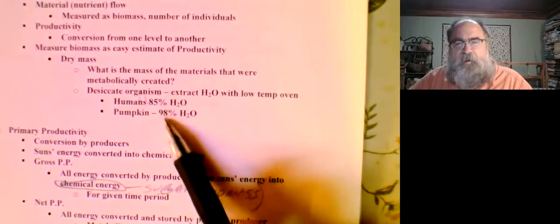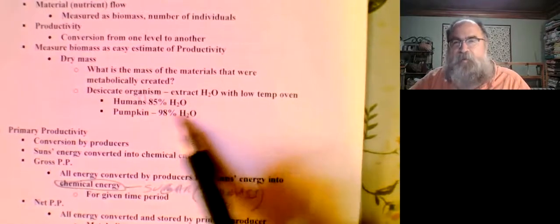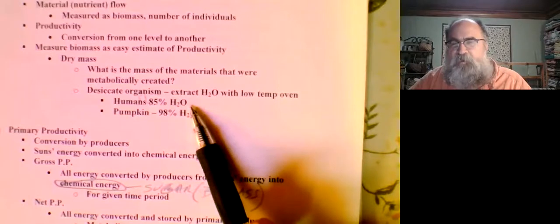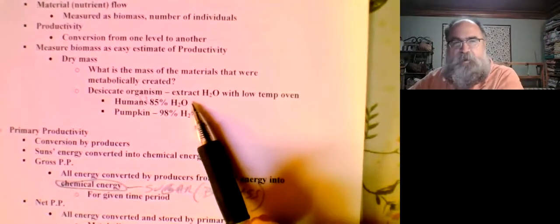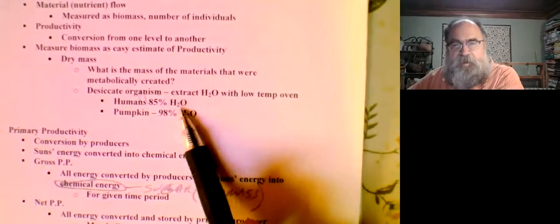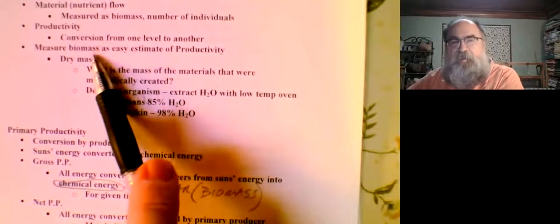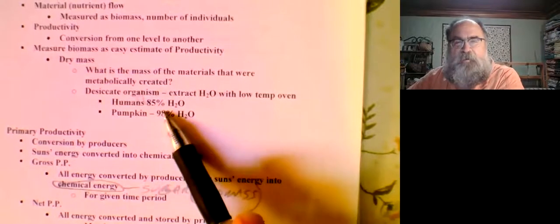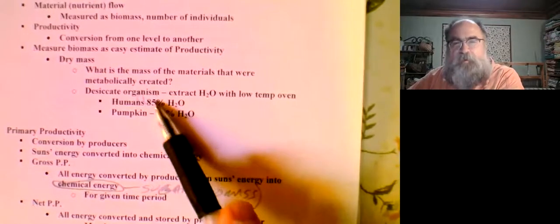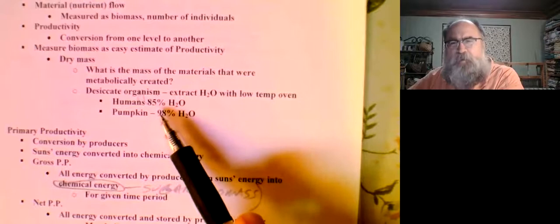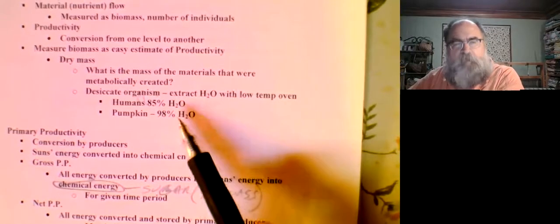And so what's left, that 15%, that 2%, that's actually the real biomass that somehow had been converted from the sugar molecules into the body of the organism. And so you desiccate it, that dry mass ends up being what we'll think of as a good measure of biomass. And so when we go to a plant, to an animal, yeah, we're looking at what had actually been converted, not, well, did he drink a whole lot of water? Okay.